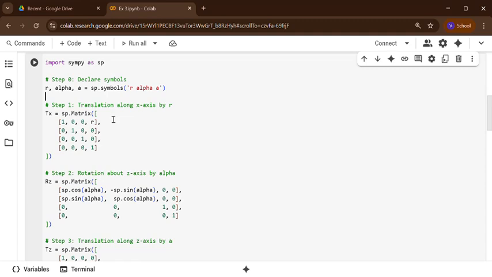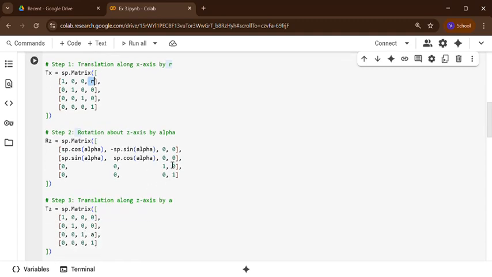The first thing is translation along the x-axis: you have the r value in x, no value in y, no value in z, and the first 3 cross 3 matrix is an identity matrix because there is no rotation. The second one is rotation about the z-axis, so you know the formula with cos alpha and sin alpha.